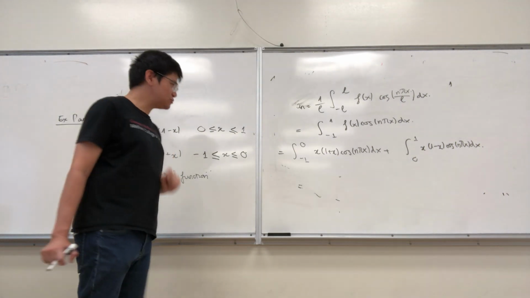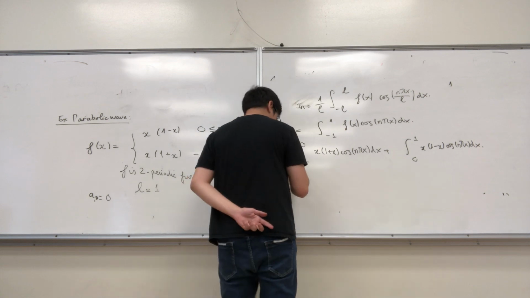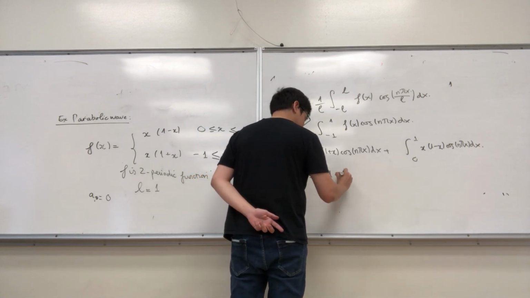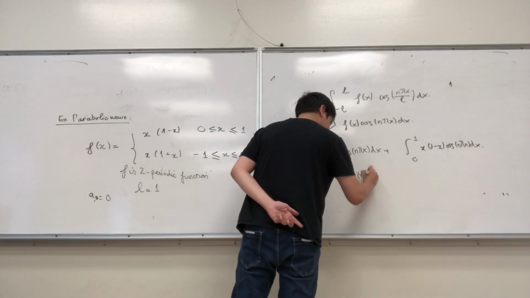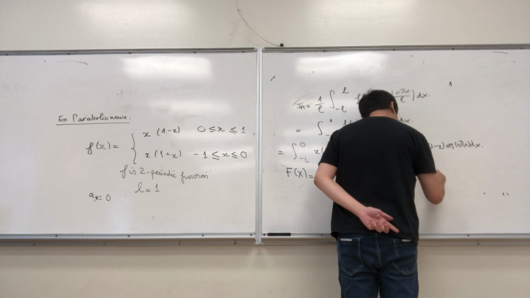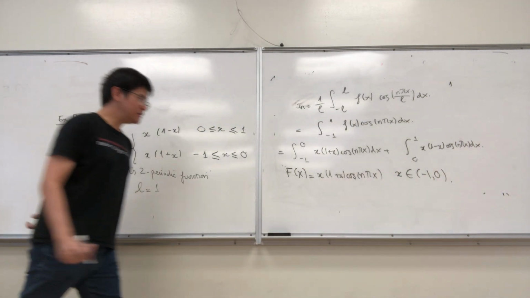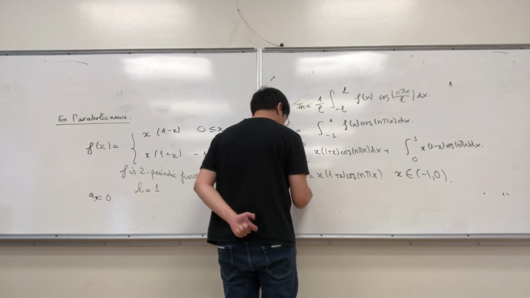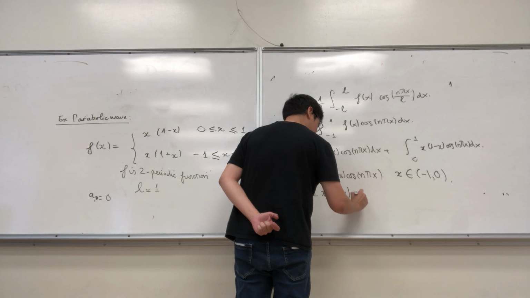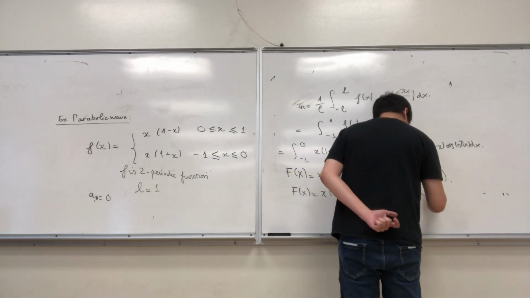So let us try to prove that this is odd or even. So I define f(x) to be x(1 + x) cosine of n pi x, and this is for x from -1 to 0. And the second one is f(x) will be x(1 - x) cosine of n pi x when x is from 0 to 1.